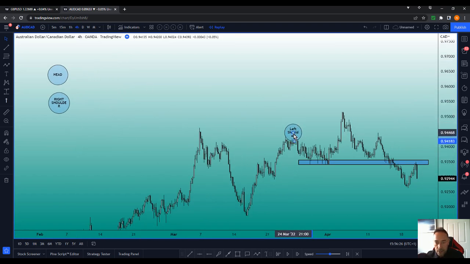So this here would be our left shoulder. We move up, we find a high here. So this is our high. We then make a higher high, so this would be our head. But then we make a lower high, which is here. So that would be our right shoulder.